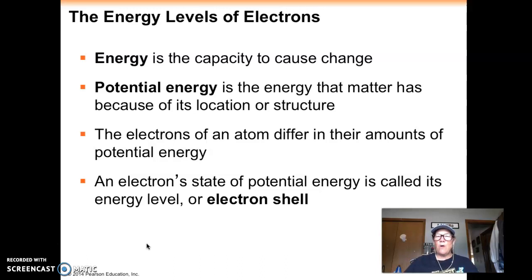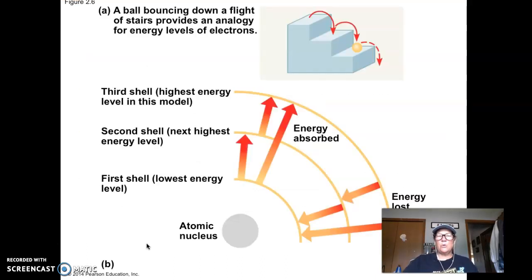When you start moving around between energy levels, then you're going to get some energy released, and various things are going to happen with your atom. And here it shows you, if this is the nucleus, the first energy level, that's the first shell, that's the lowest energy level. This one has to be filled before this one has electrons in it, and then this one has to be filled before this one.